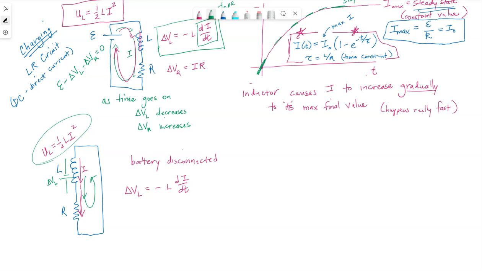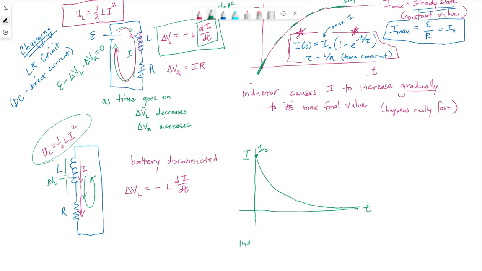So ultimately, the current in the circuit overall cannot drop instantaneously to zero. The inductor causes the current to gradually go to zero.